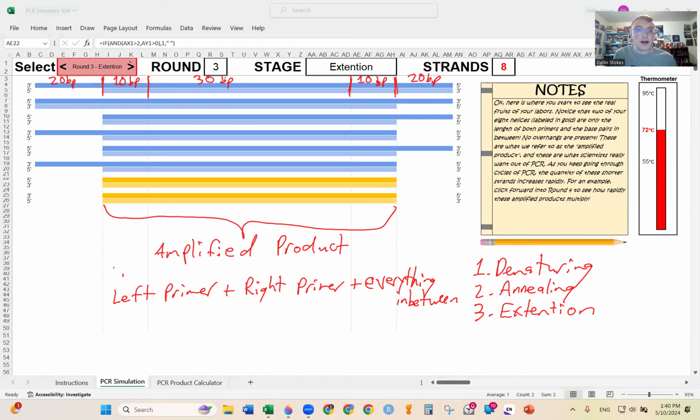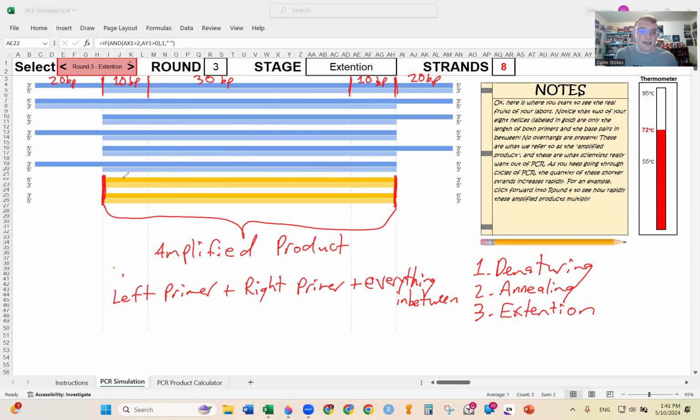Now, remember, I was trying to copy this 30 base pair segment here in the middle. However, my amplified product is not 30 base pairs. And it's not the 90 base pairs that the whole thing is. Instead, it's from the left edge of the leftmost primer to the right edge of the rightmost primer and everything in between.